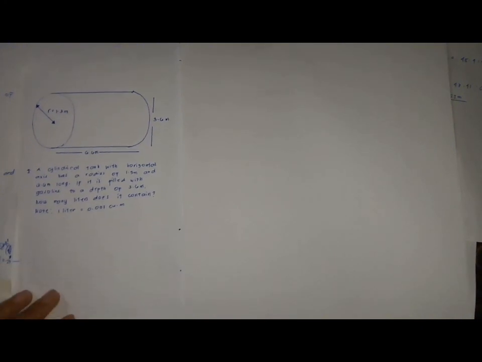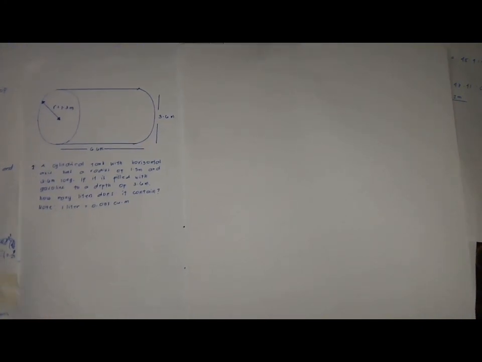The radius of the cylindrical tank is equal to 1.3 meters. The length is equal to 6.6 meters. And the depth or the height of the liquid in the cylindrical tank is 3.6 meters.